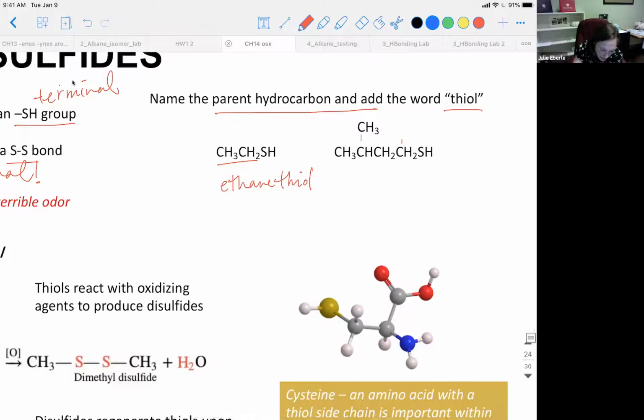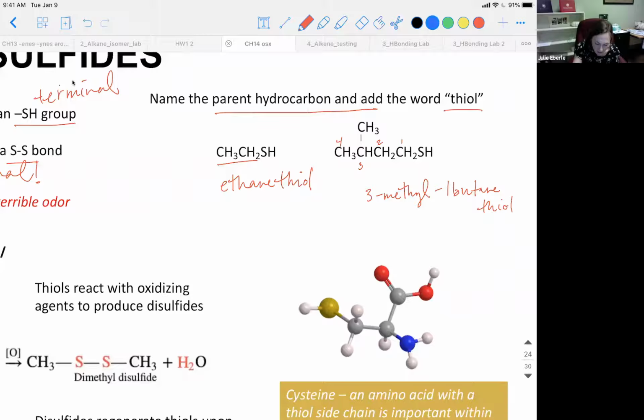So 1, 2, 3, 4. This is butane. So it would be 3-methyl-1-butanethiol.